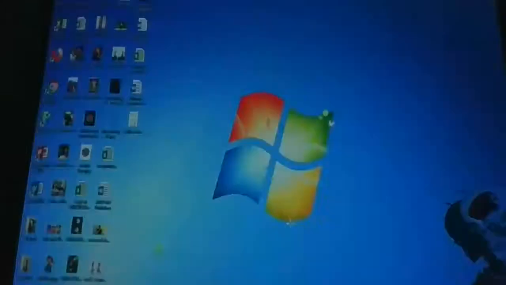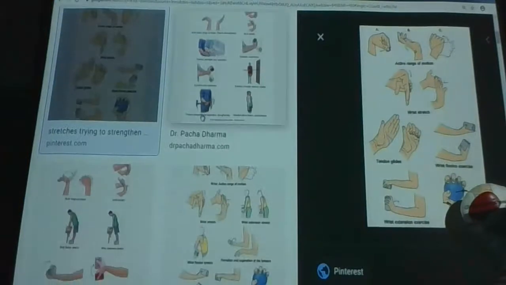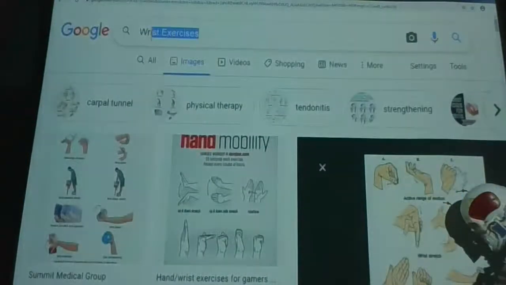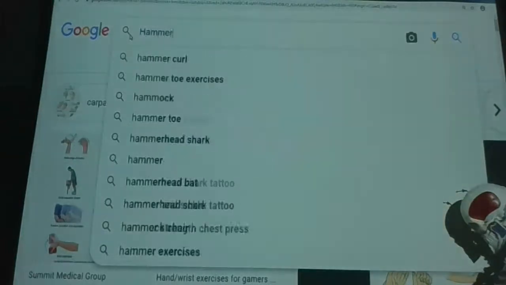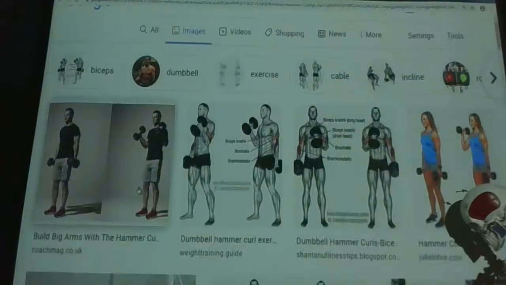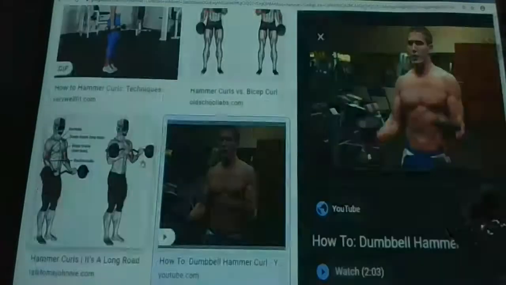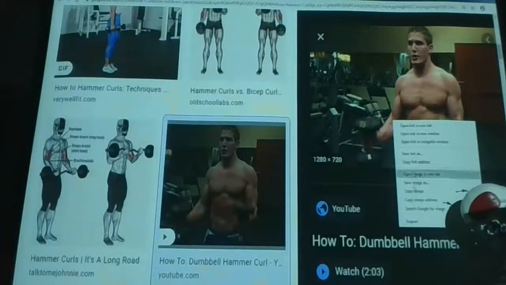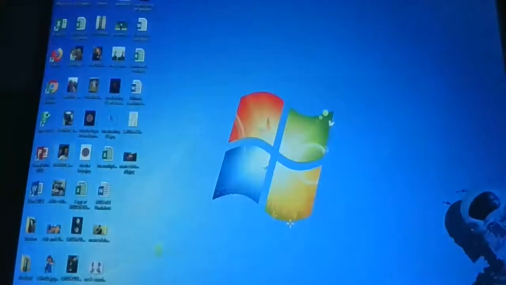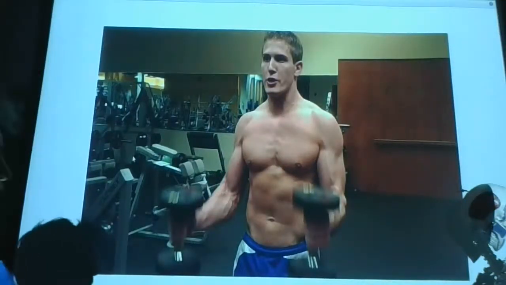Right. Let me try to find a wrist exercise. Oh, I'll tell you what, why don't we do this? Okay, let's do this. Okay, so your question is, let's infer he's not moving.